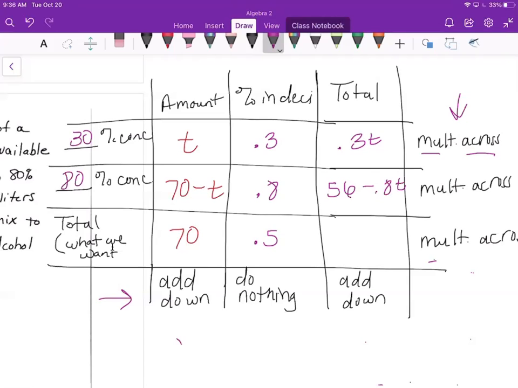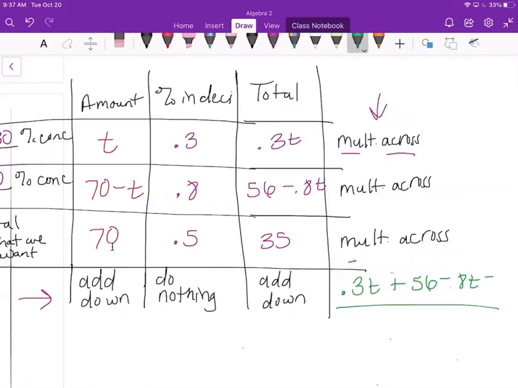And where I always put this is below the directions. So I'm going to go ahead and add down and put it right here. So we have 0.3T plus 56 minus 0.8T equals 35. So again, take this whole column and put it down there, just to add them down.